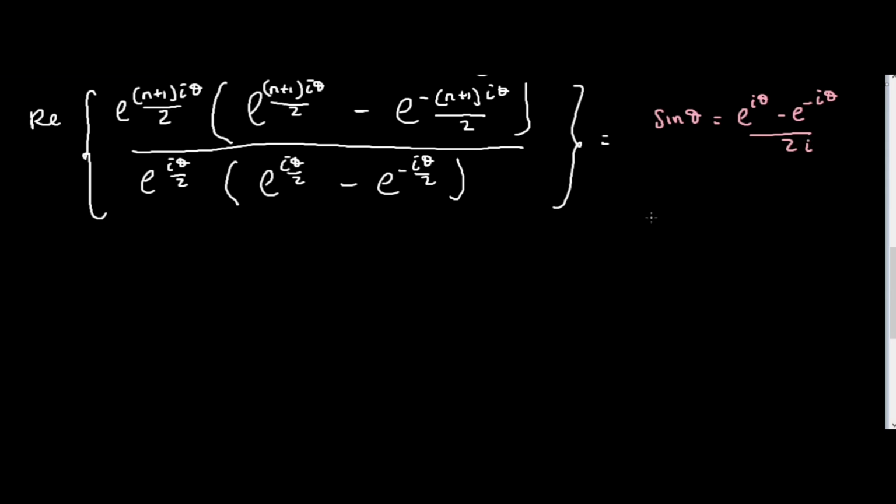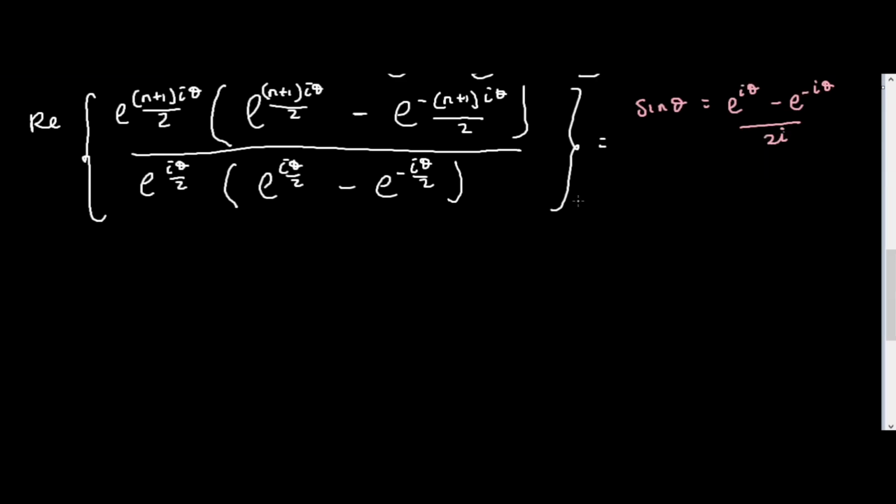So this is standard, and you are looking at something. This is e raised to power iθ, that means (n+1) over 2, minus the same thing but having a minus, just like in this form. So it means that I can write this as a sine θ. But you might be asking, okay, what about the 2i? Definitely it must have cancelled. Let me show you.